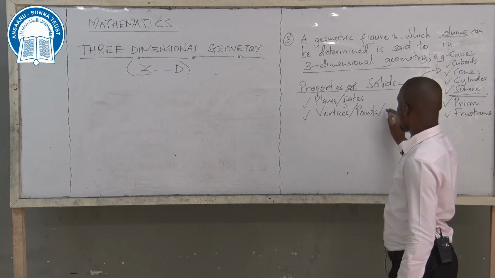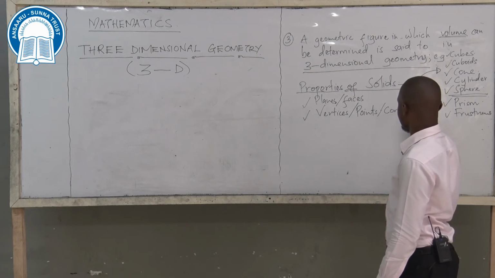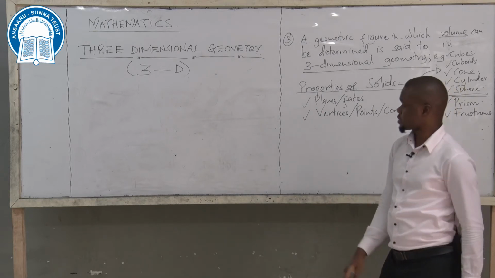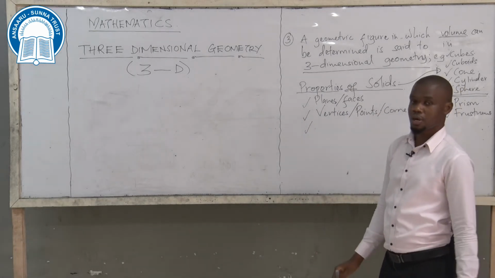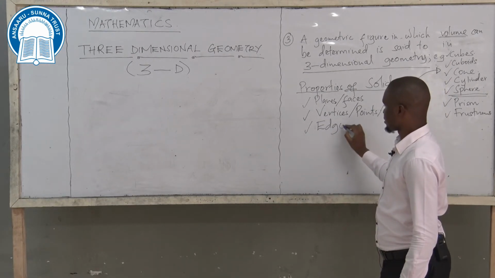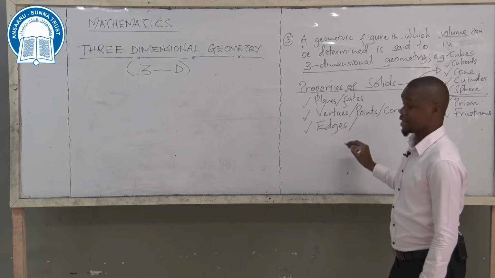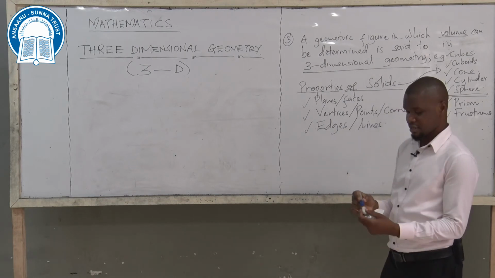Another way you would call them, in a very simple way, is corners. They are corners of the figures. Then lastly, we also have what we call edges, which are just the lines on the plane figures.